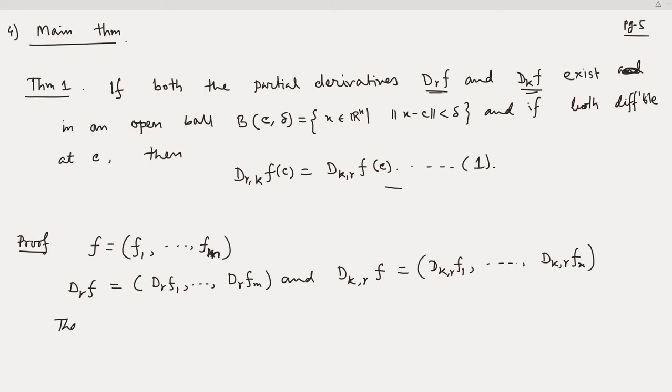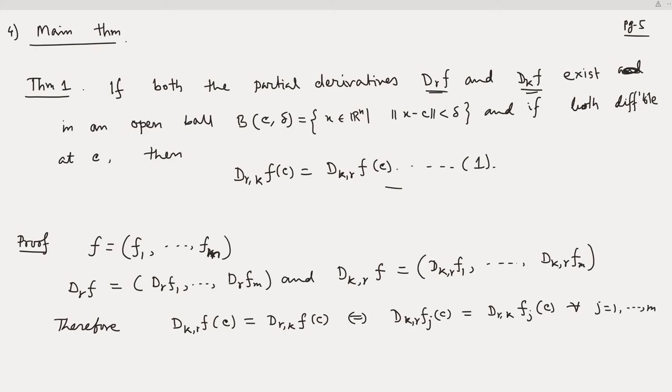So therefore D_{k,r} f at a point c equals D_{r,k} f at the point c if and only if D_{k,r} f_j at c equals D_{r,k} f_j at c for all j equal to 1 and so on m.